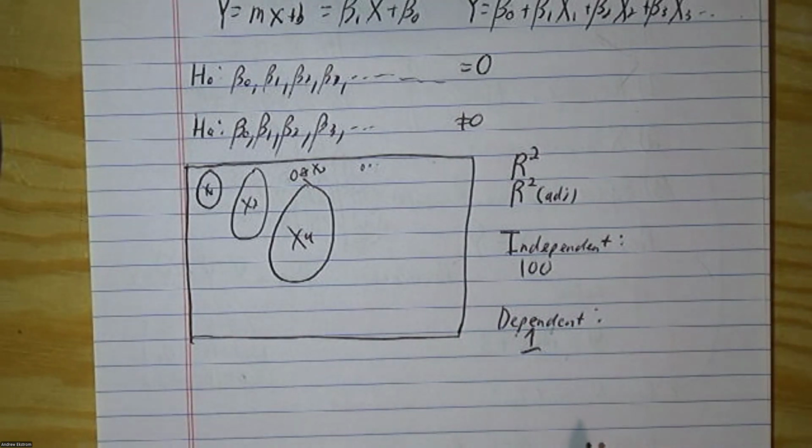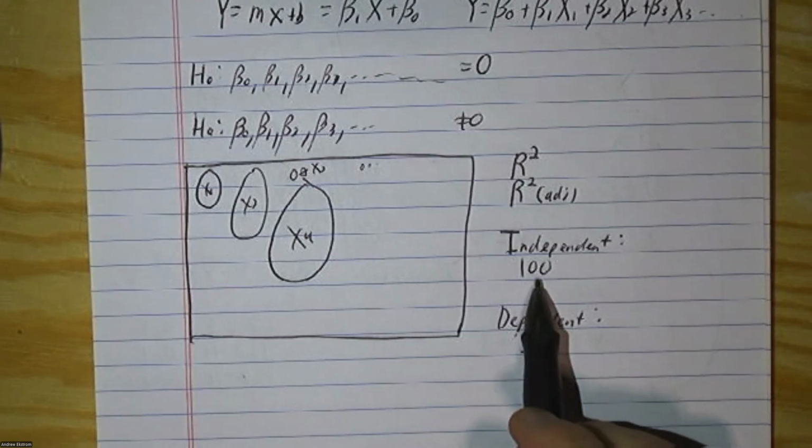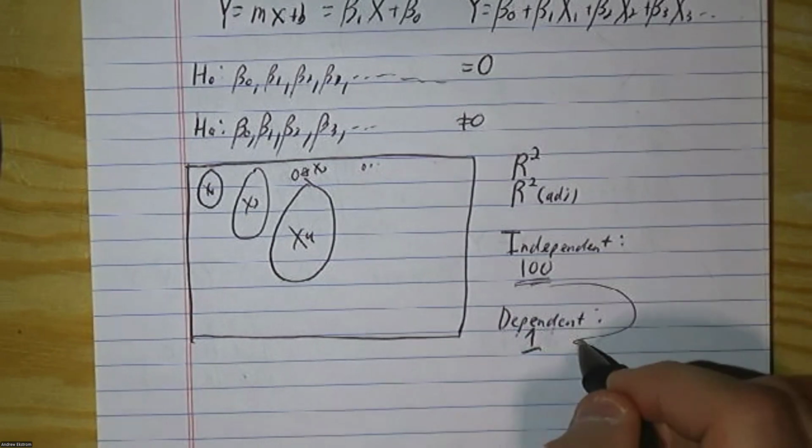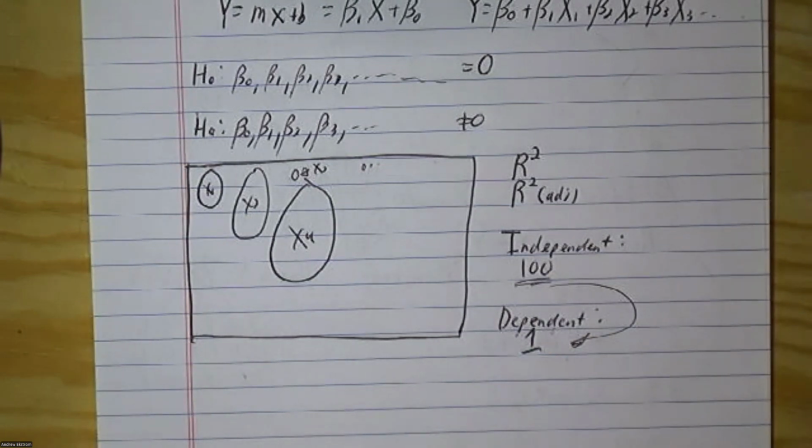What we're trying to do is figure out which of these 100 independent variables are actually useful in predicting the one variable we're interested in. This is data that I created, so I actually know what the answer is.